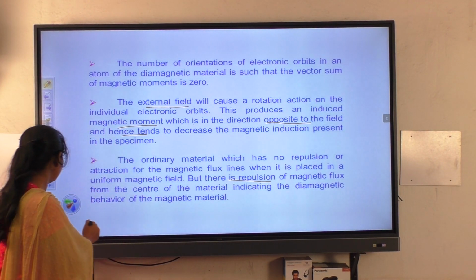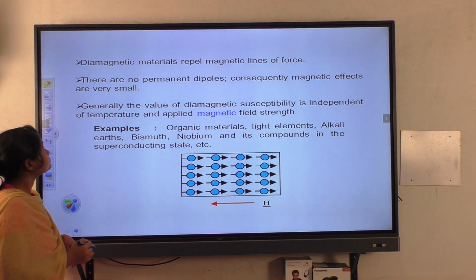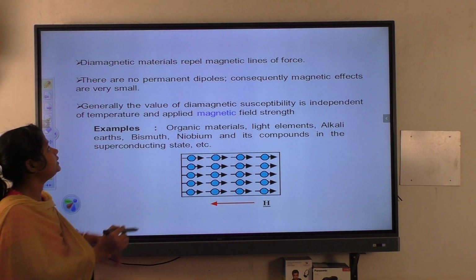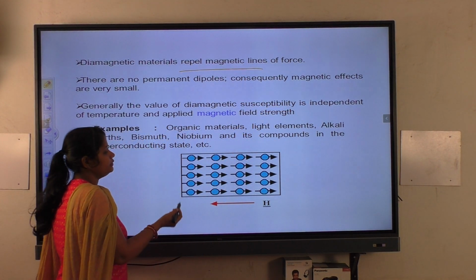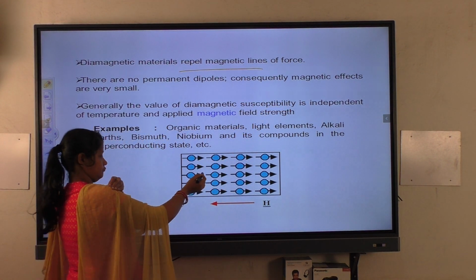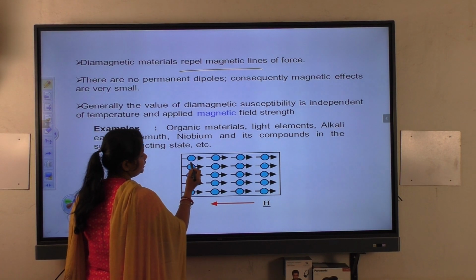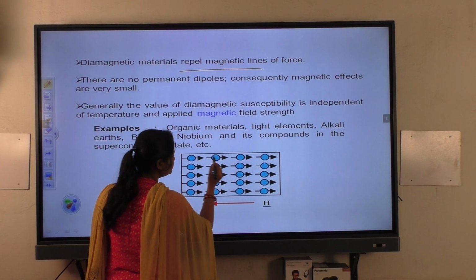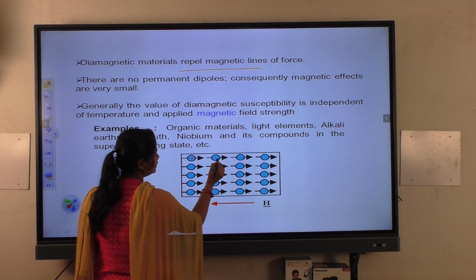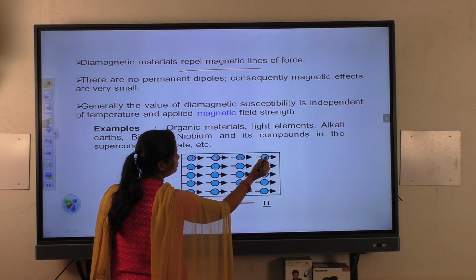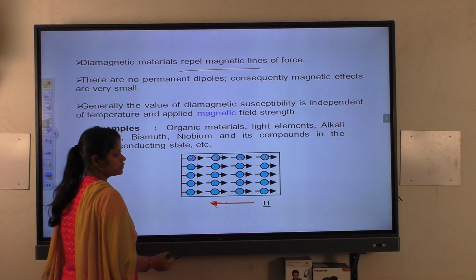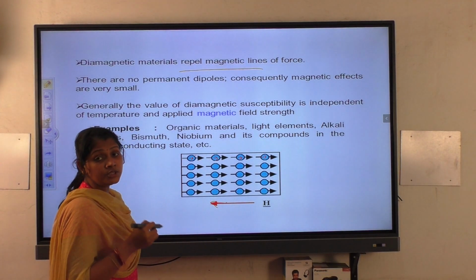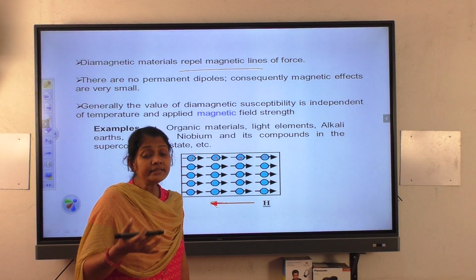Next we will show that diamagnetic materials repel magnetic lines of force. Here you can see, if the magnetic field is applied in this direction, then the induced magnetic moment will move in this direction, which is the property the diamagnetic material bears.